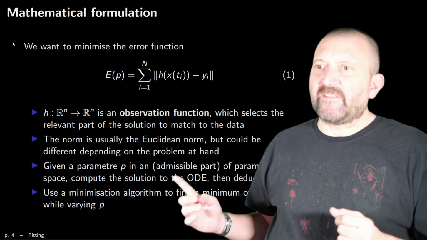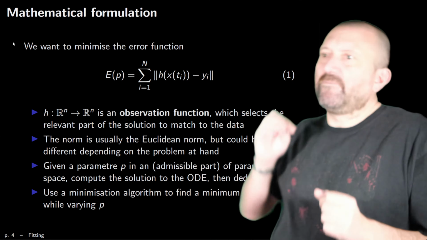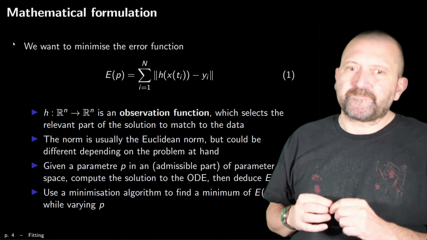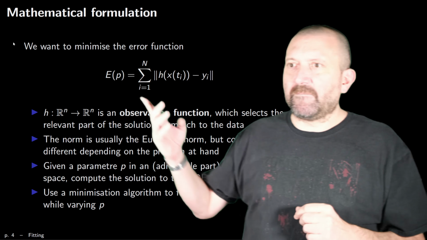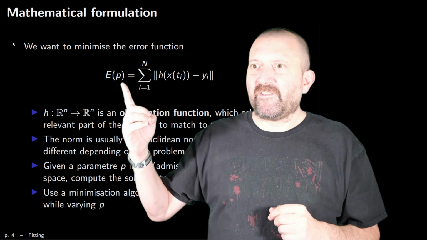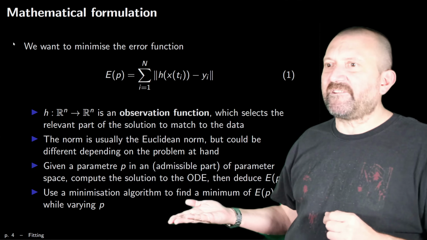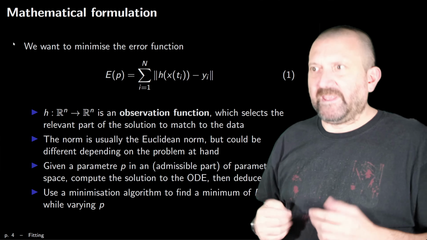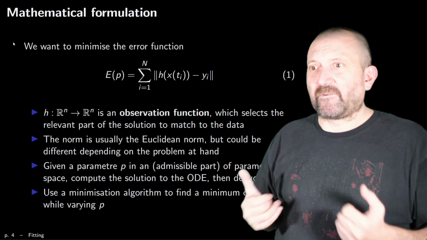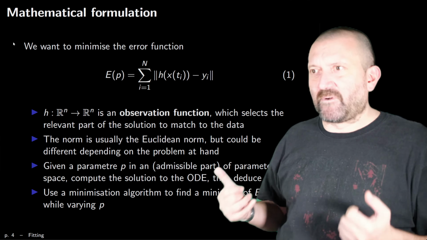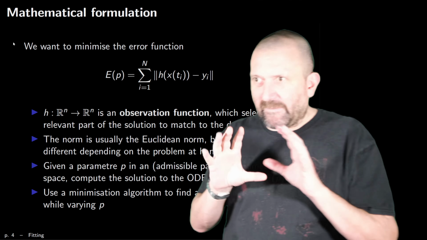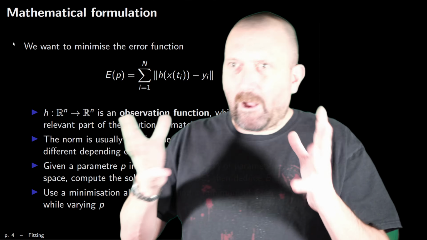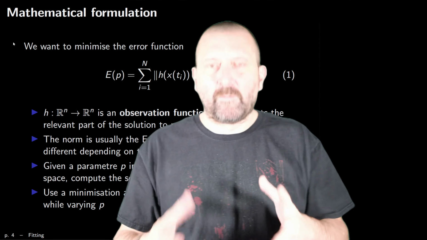From that solution, you deduce a value of the error. Then you use a minimization algorithm to find the value of E of p, the error as a function of the parameters, that is minimum. So that's the formulation of the problem in itself.